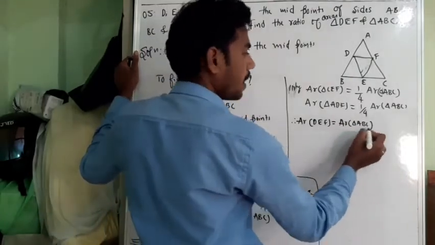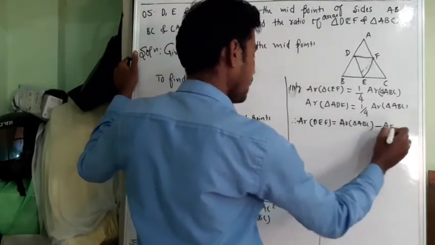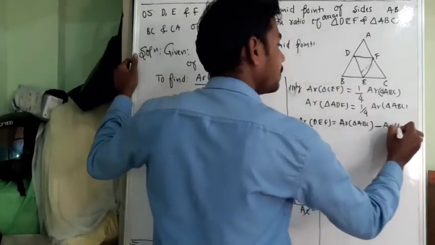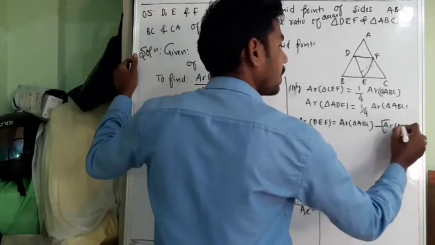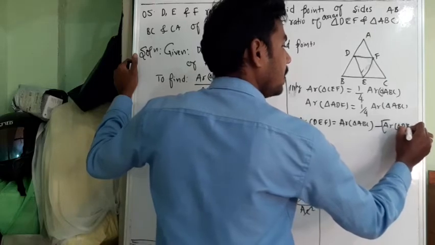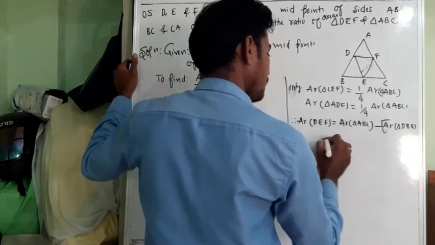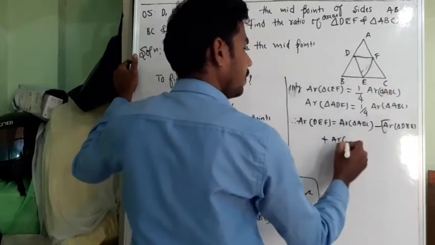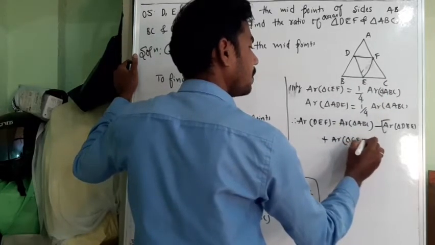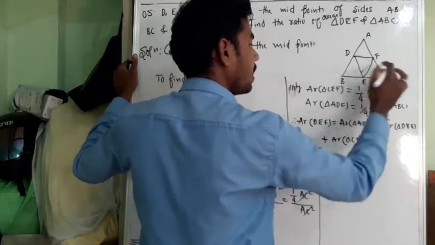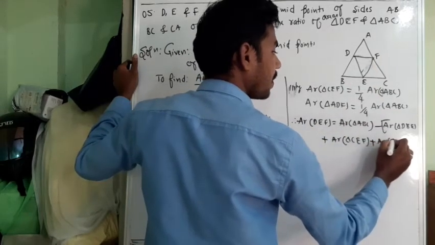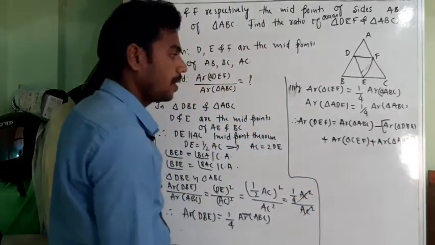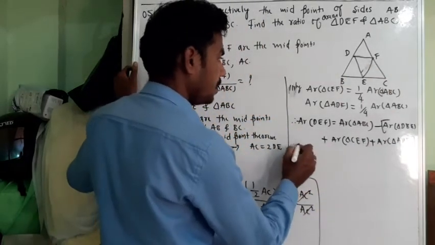So, area of triangle ABC minus area of triangle DBE plus area of triangle CEF plus area of triangle ADF. Fine. So I hope you don't have any confusion at this point.